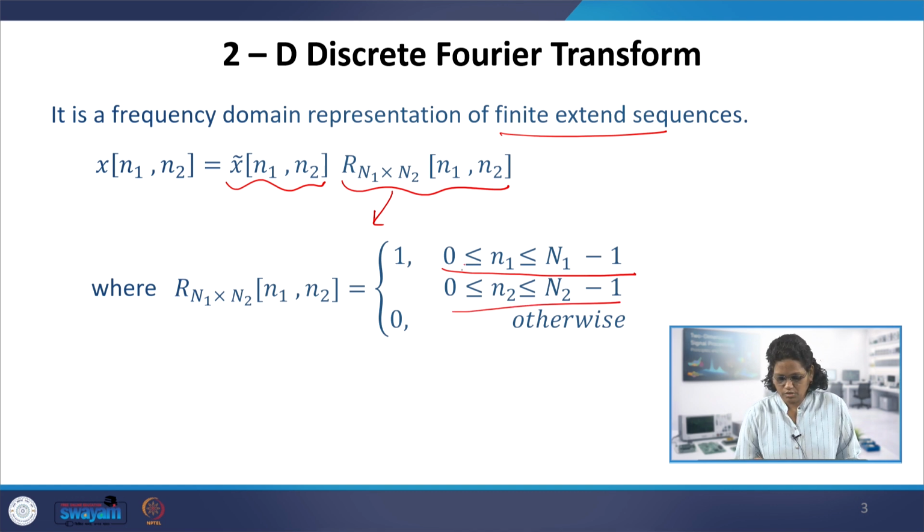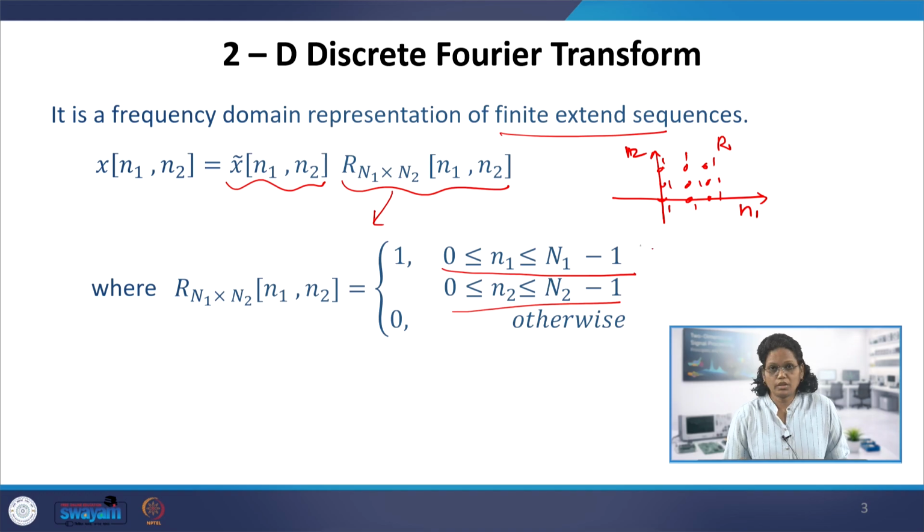So, these are the values 1 defined for particular n1 and n2. This is the rectangular function.